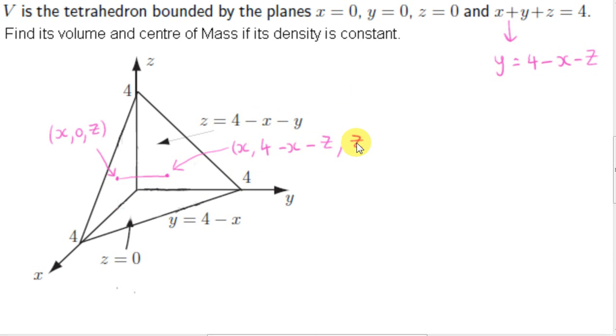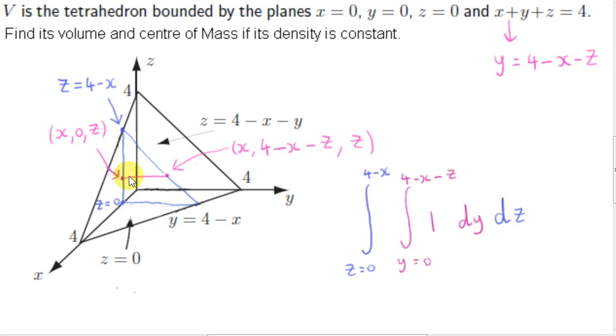And of course we have z here, same as this z. These z's are the same. So we are moving entirely in the y direction, so we're integrating from y equals 0 to y equals 4 minus x minus z. And we're integrating 1, of course, with respect to y. Well, you can leave out this 1 if you want to.